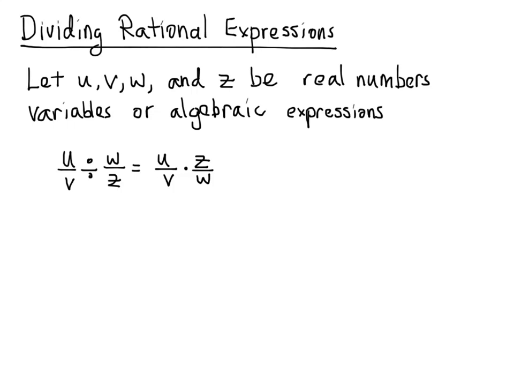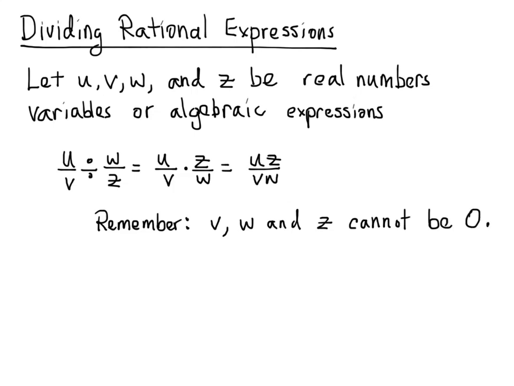All right, but there's a further requirement here now. Remember, we have the domain restrictions, and if we just look at this, it's pretty obvious v and w can't equal 0. But since we started out with this w over z, we have the additional restriction that z can't be 0 either. And so when we do the multiplication out, we have to remember that v, w, and z can't be 0.